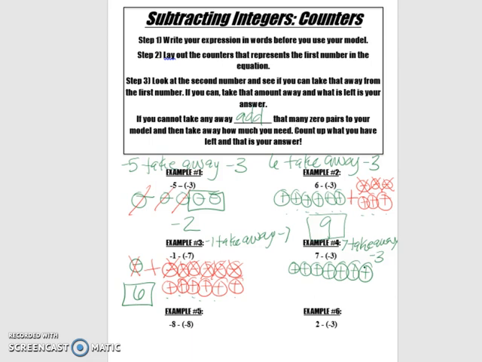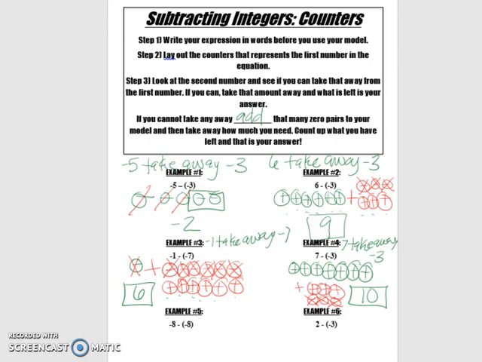Since we don't have -3 to take away, we need to add, I'm going to do it down here because I ran out of room, we need to add 3 0 pairs because we need to take away 3 negatives. After we do that, we have 3 negatives that we can take away. All right, so then we count what we have left. 1, 2, 3, 4, 5, 6, 7, 8, 9, 10, and we have 10 positives left over, so that is going to be our answer.